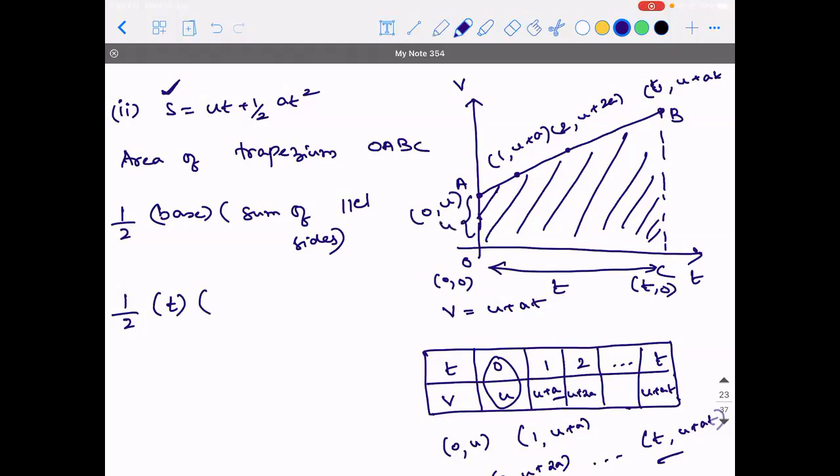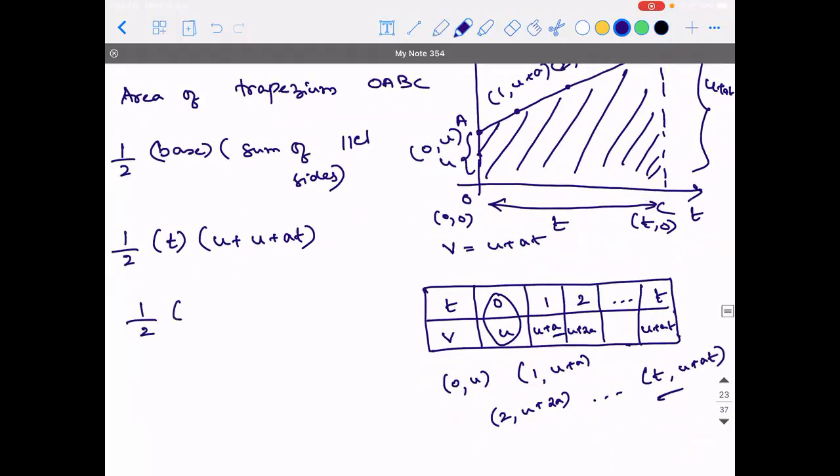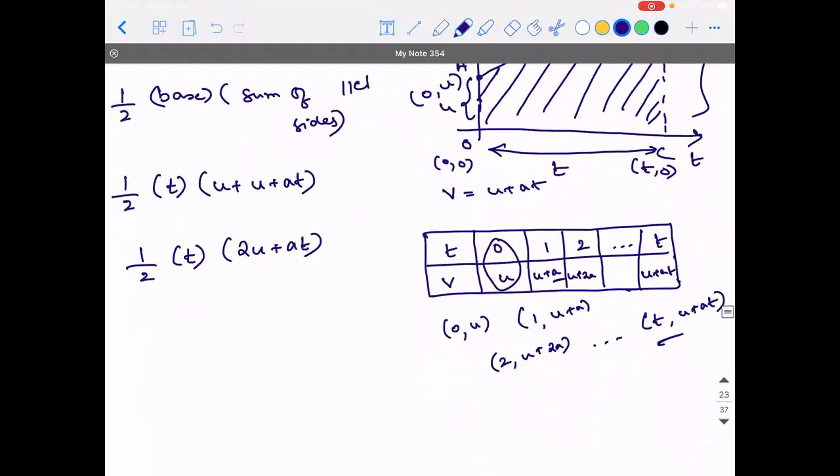So half into base into the sum of the parallel sides. This height is u and this height is u plus at. So it will be half into t into 2u plus at, so 2ut plus at square divided by 2. So 2ut by 2 plus at square by 2. What is this called according to physics? This is the displacement.